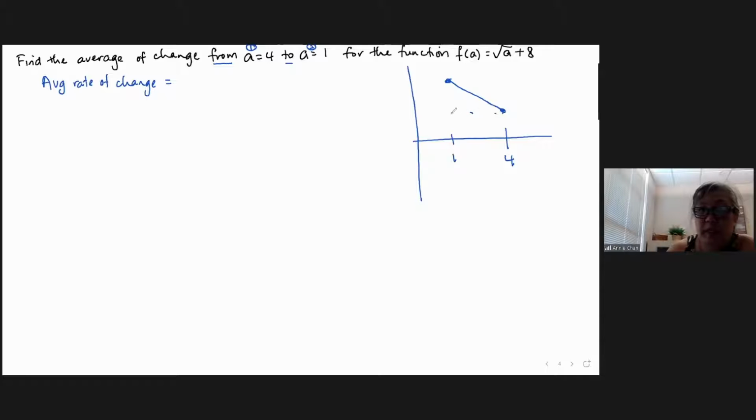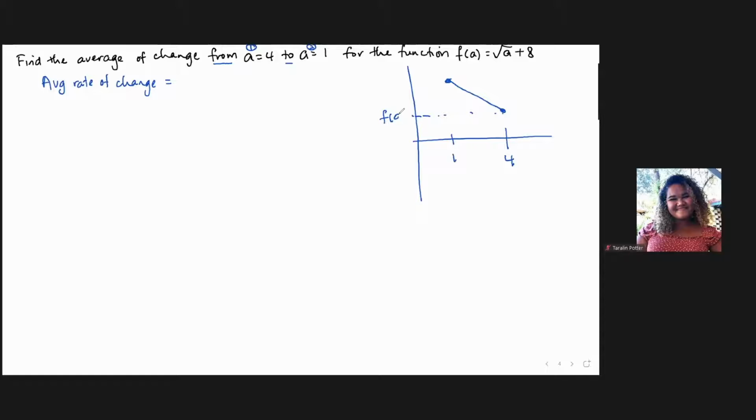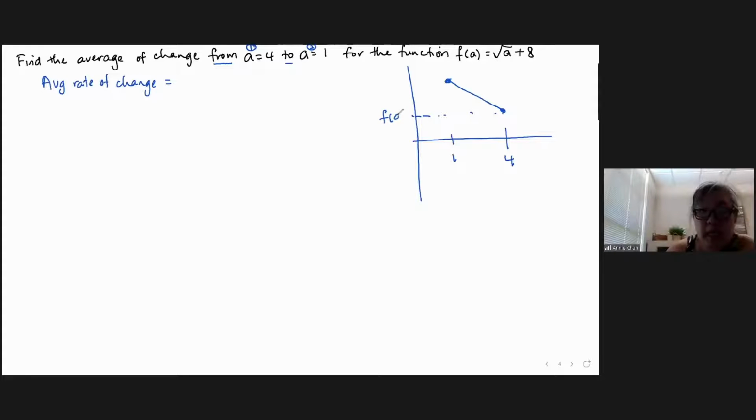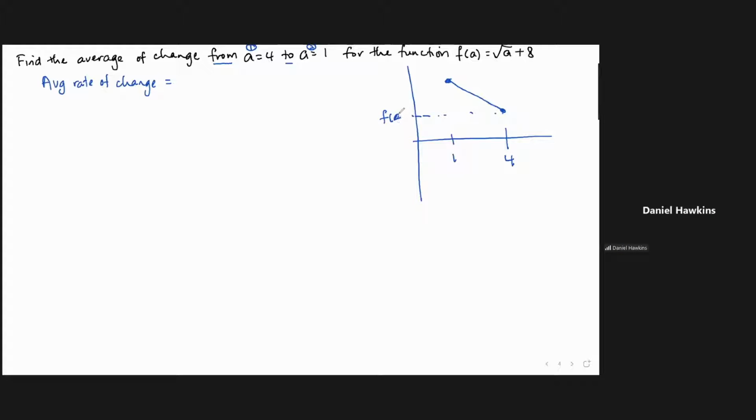And this point here is f of what? a, which is, what is my a? 4.